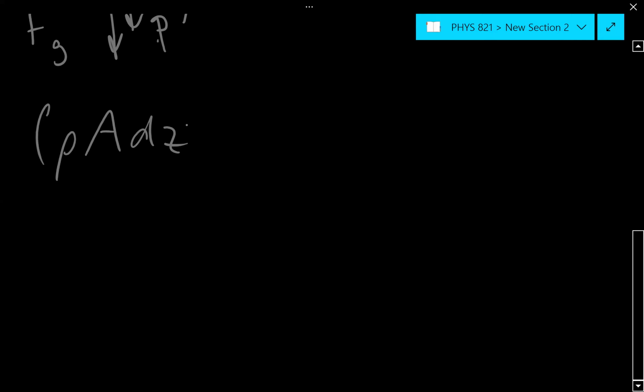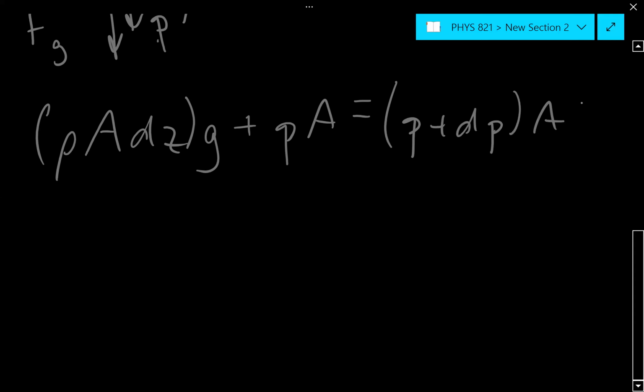So you multiply that times the free fall constant g, and then you have to add the force due to the pressure above it, so it'll be P times A. These technically should have minus signs, but we're just doing magnitudes here. And that's going to equal P plus dP times A. On the right-hand side of this equation, we have the force due to the fluid below pushing up.